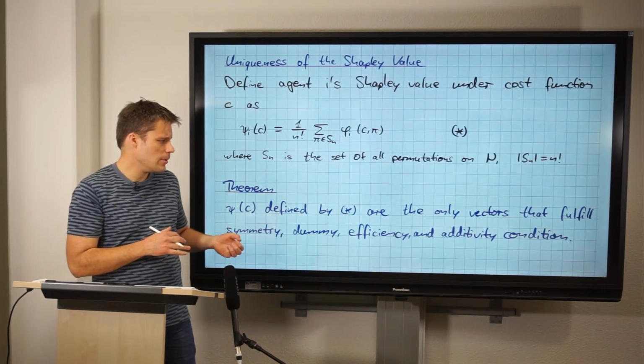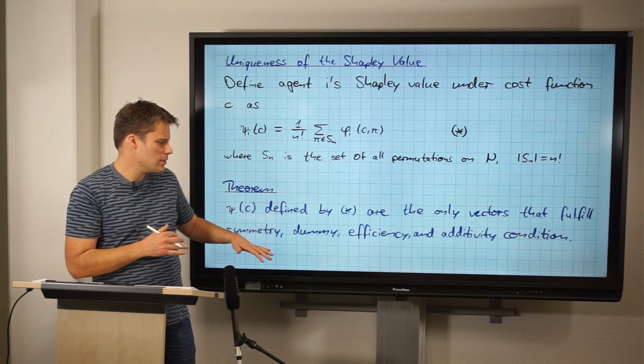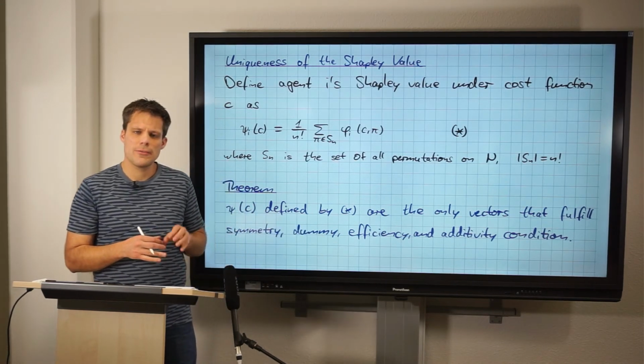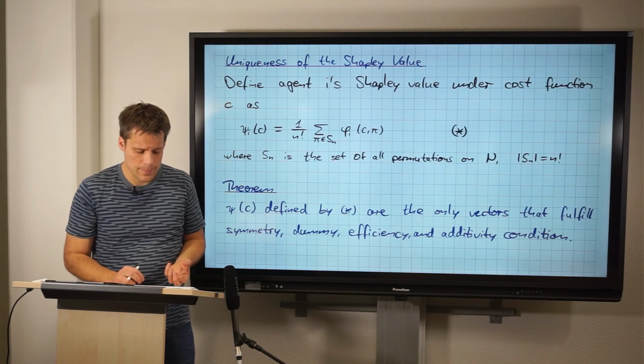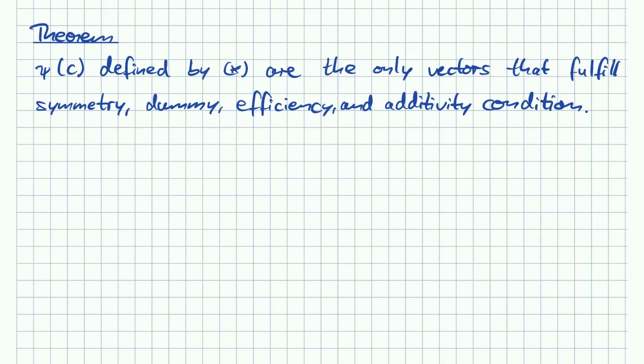Then for such a function we derive, using symmetry, dummy, and efficiency, that the way of setting the values is unique. Let's start this with the following lemma.